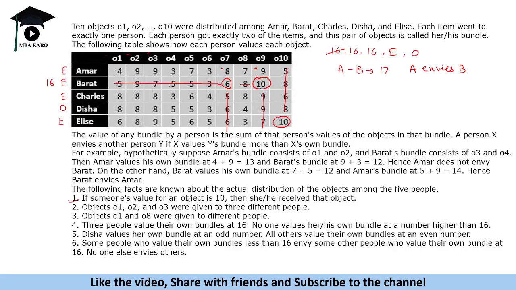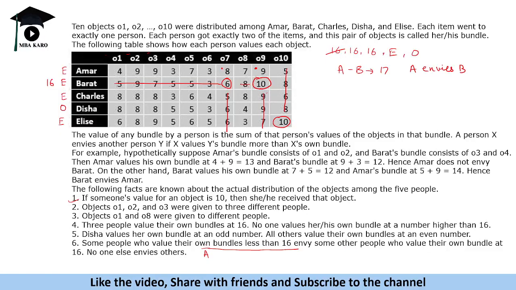So if a person is rating someone else's value high, that person will envy. Now some people who value their own bundles less than 16, so that means Amar values his own bundle less than 16, because that person will only envy others, not the other way around.